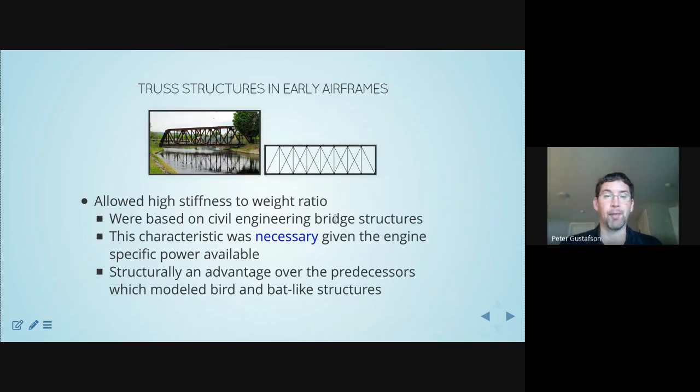So, as I had mentioned, their predecessors, many of them had been modeling their wings after birds or bats, and so they had single wings, which presented some very unique structural challenges.